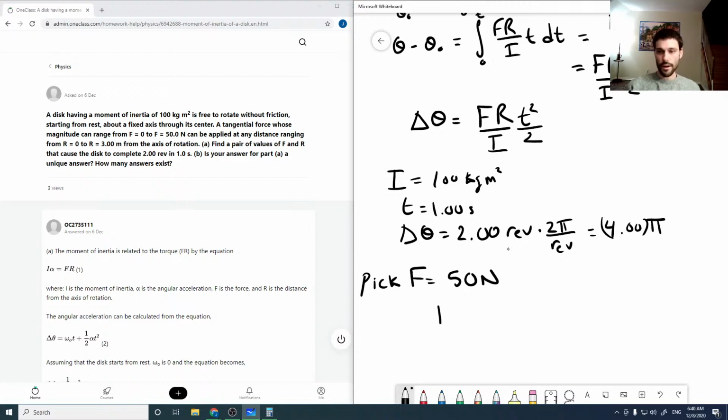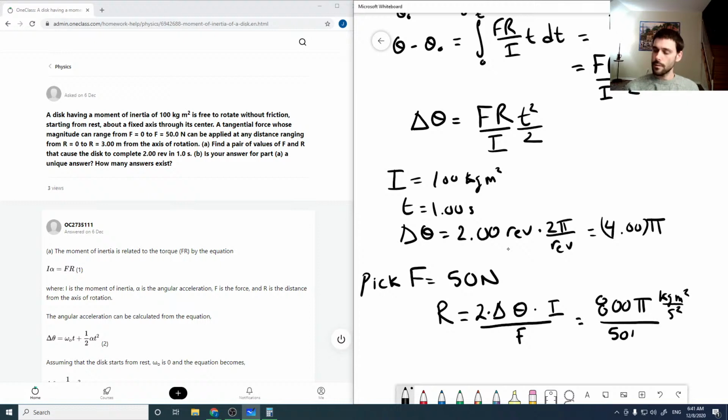So we would find that R is 2 times delta theta times I over F, which comes out to be, subbing in our values, about 800 pi kilogram meters squared per second squared, all over 50 newtons.